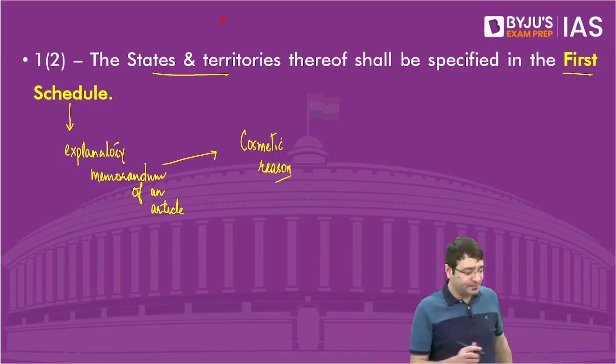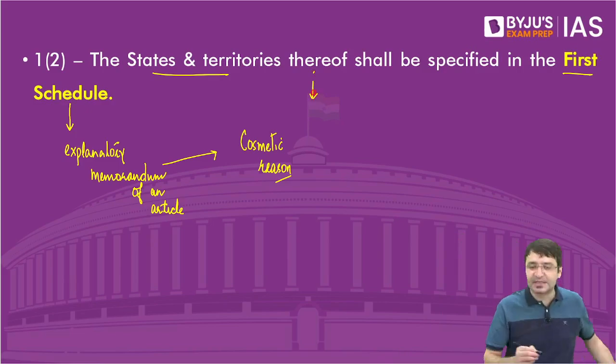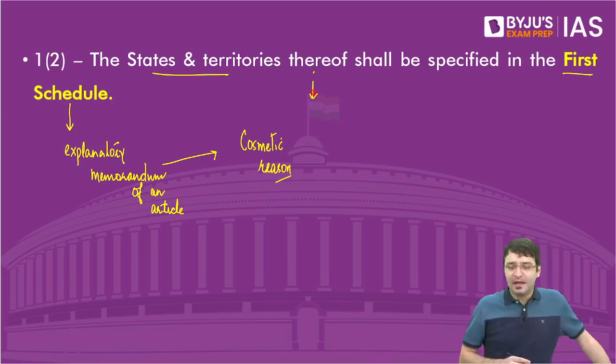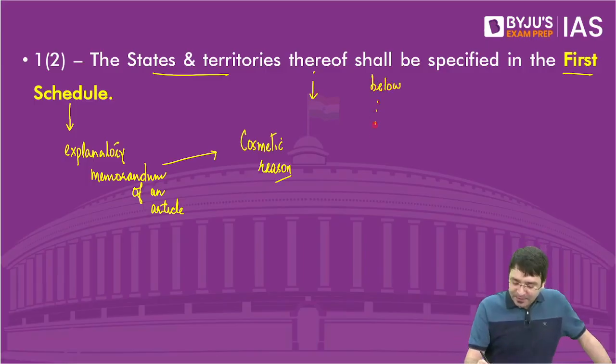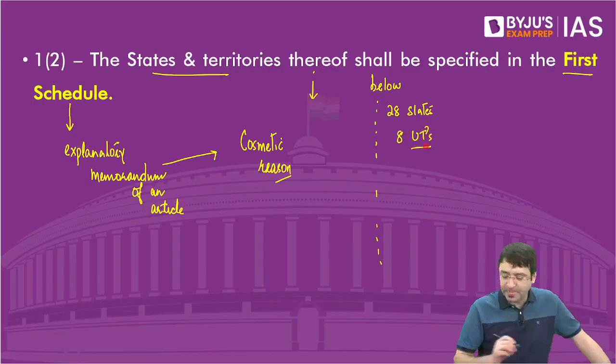The point is, if the names of the states and territories thereof are mentioned below, that means this article would be very bulky. Because this article would have the names of 28 states and 8 union territories.